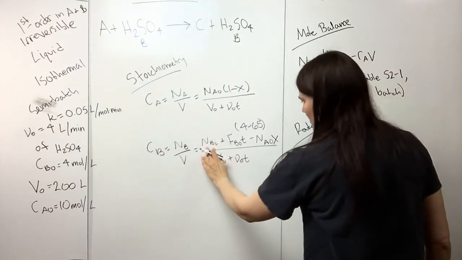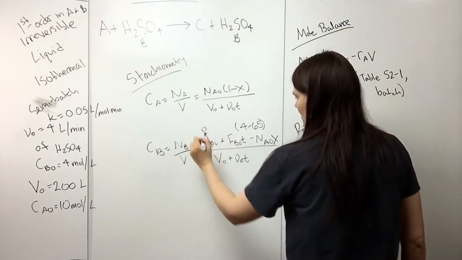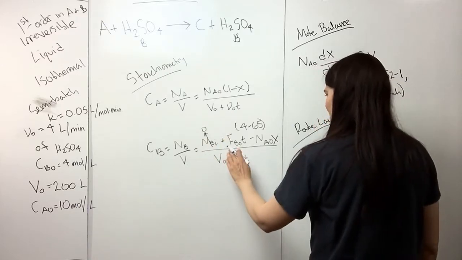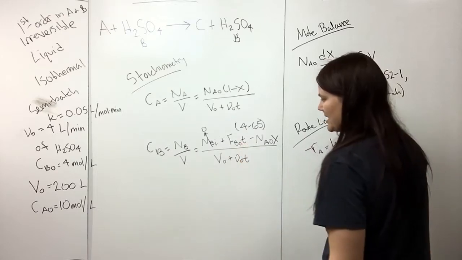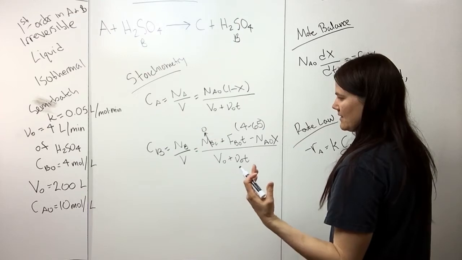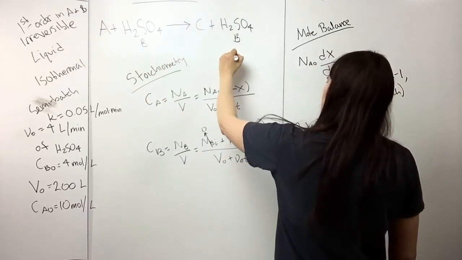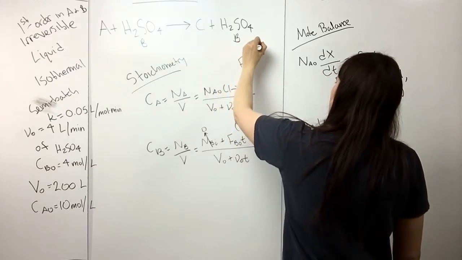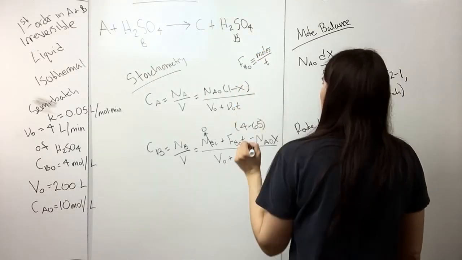So you have what was there initially, and in this case that's actually 0 because there wasn't initially any B in the reactor. And then you have your volumetric flow rate multiplied by time. If you look at the units for F B naught, the units are moles per time.